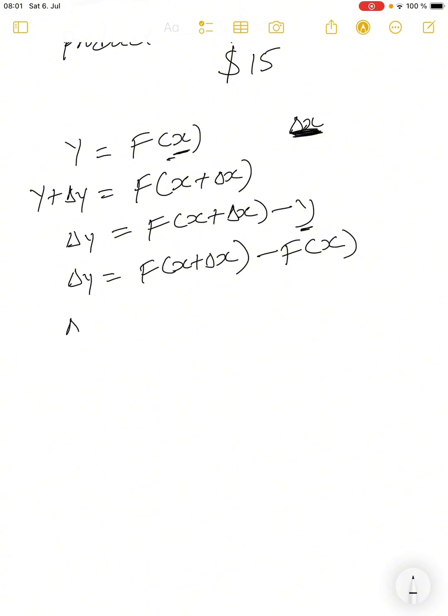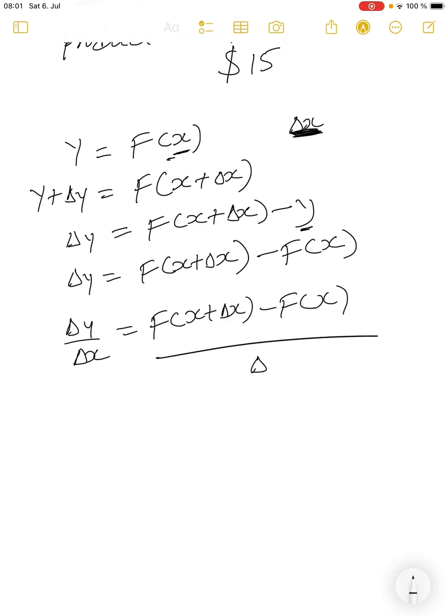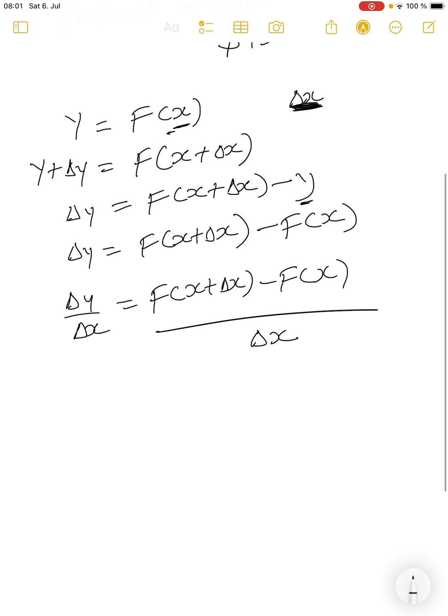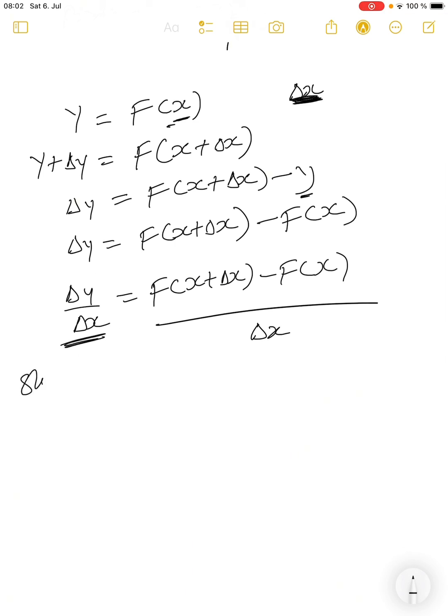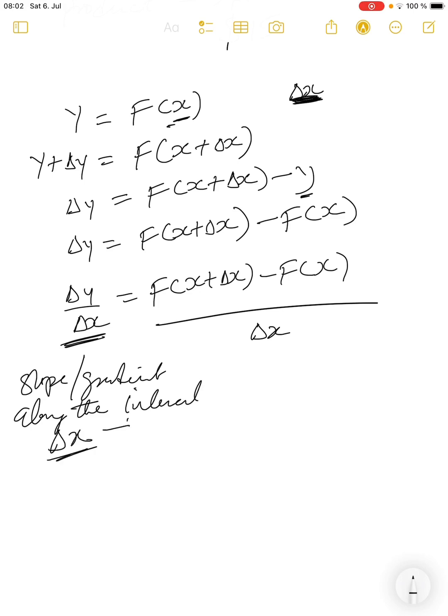Suppose we divide both sides by delta x, we have f of x plus delta x minus f of x, all over delta x. Notice that delta y over delta x is the slope or gradient along the interval delta x, which we also call the difference quotient.